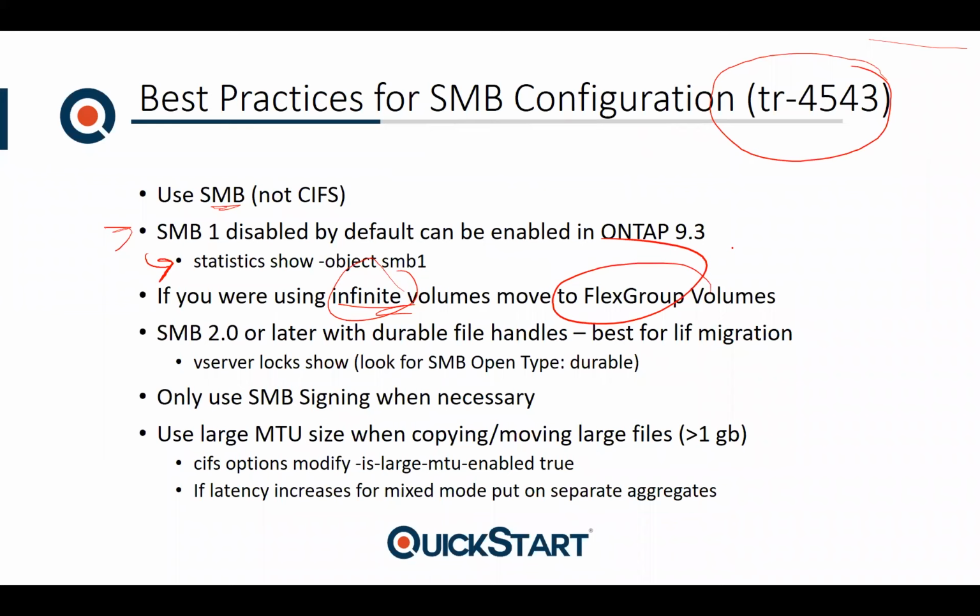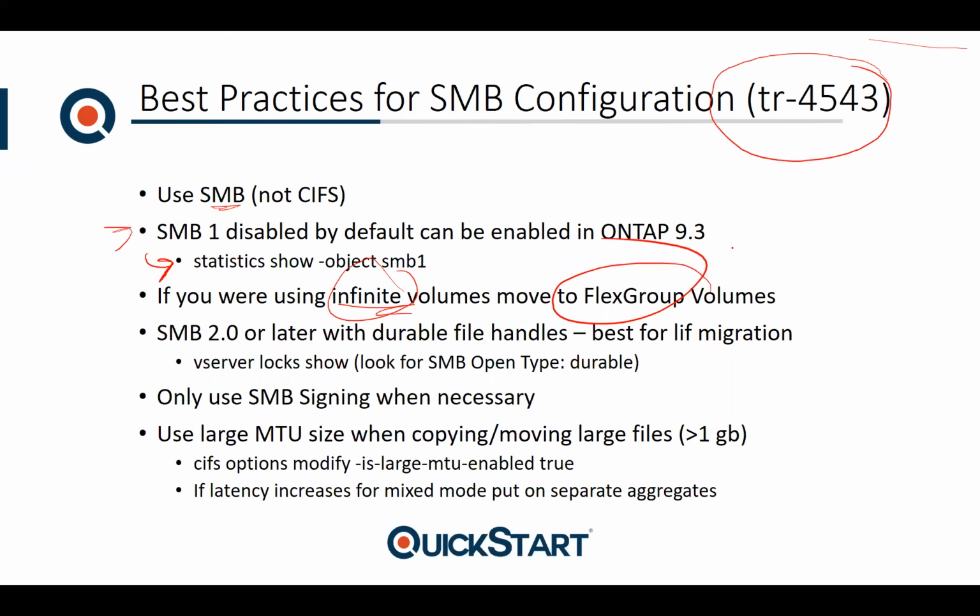Number one, they support SMB 2 and 3 as far as the protocols are concerned, and in fact can be treated a lot like FlexVols themselves, but they're really multiple FlexVols that are seen as one mount point. So I can snapshot them all at once and I can SnapMirror them.